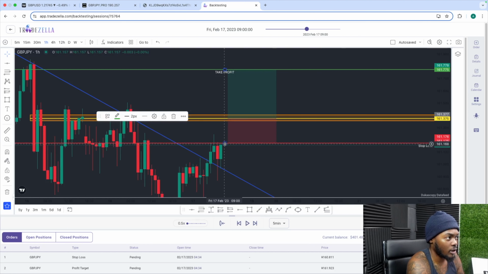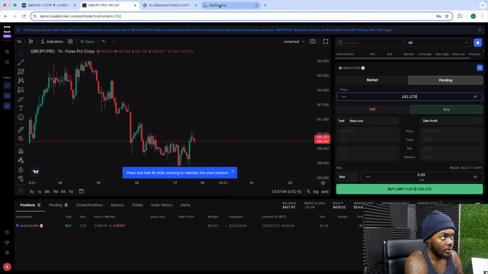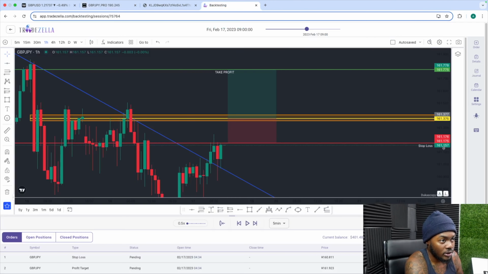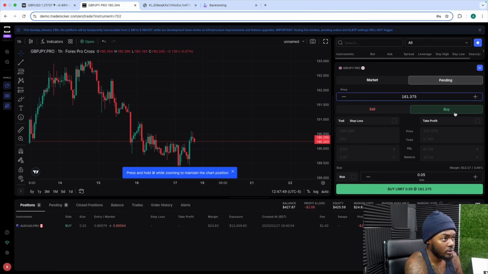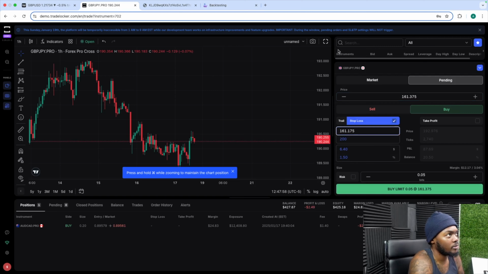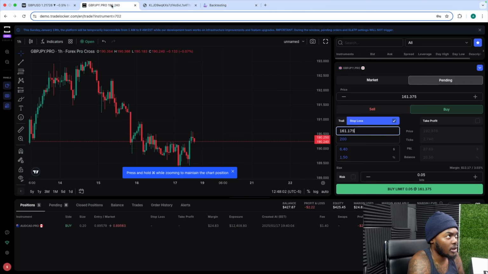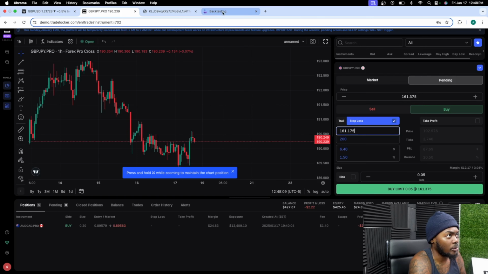So we have our stop loss and we have our take profit, right? So our price point is 161.375, which we have here. And then our stop loss is 161.175. So in this particular instance, I'm going to hit stop loss, type in the price, 161.175, or simply I could just put 200 ticks, which is roughly about 20 pips.